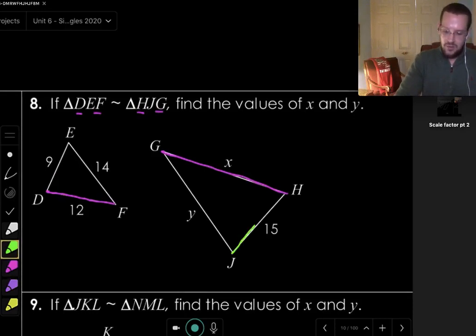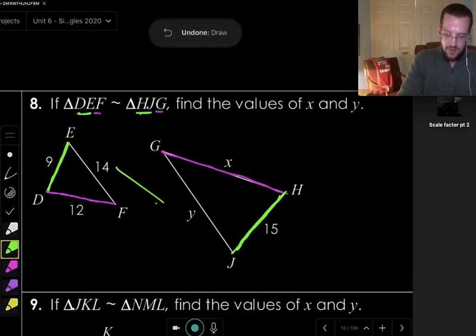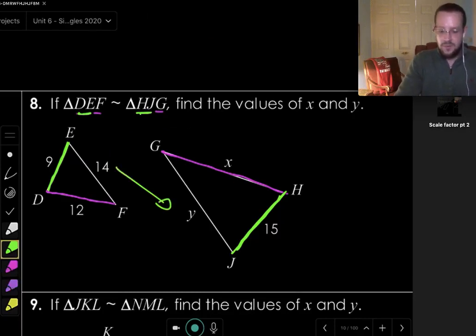And I really have to use this triangle, this is my only option. This is JH, so I've got to use DE. And remember, I want to go this way. I want to make 14 larger, and I want to use a scale factor that's going to do that.